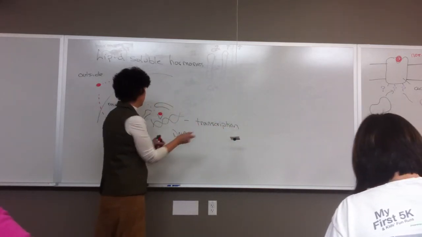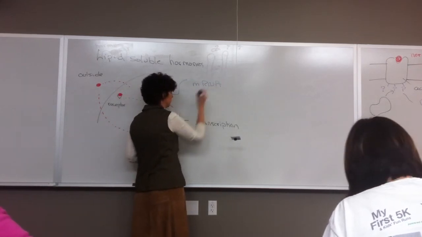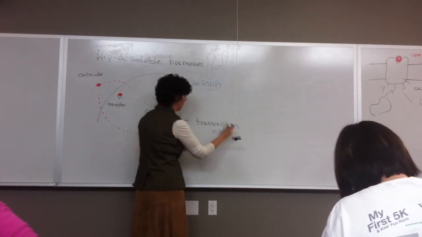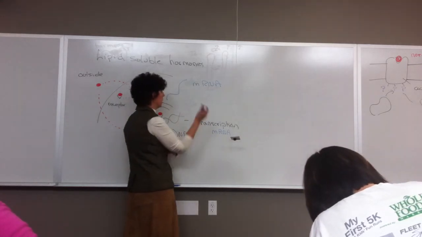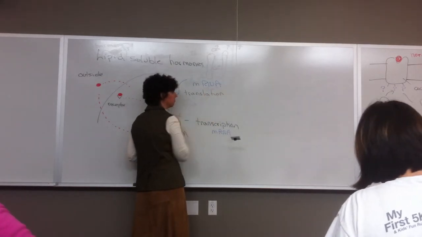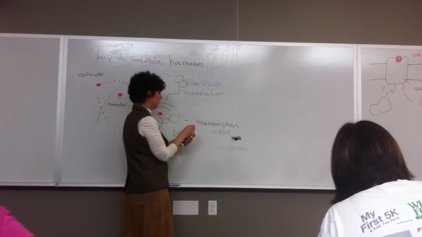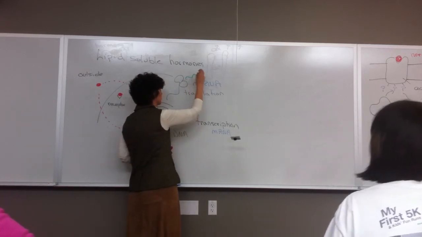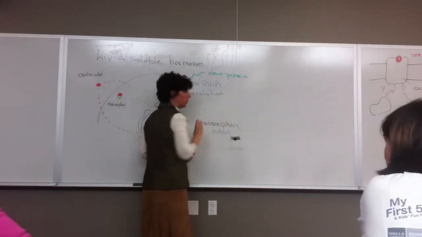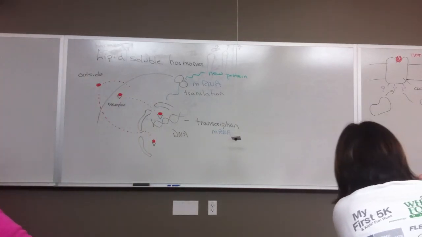and the messenger RNA moves out into the cytoplasm. Where, of course, the next step, translation occurs, and we get our new protein. That might be a structural protein, it might be another hormone, it might be an enzyme.